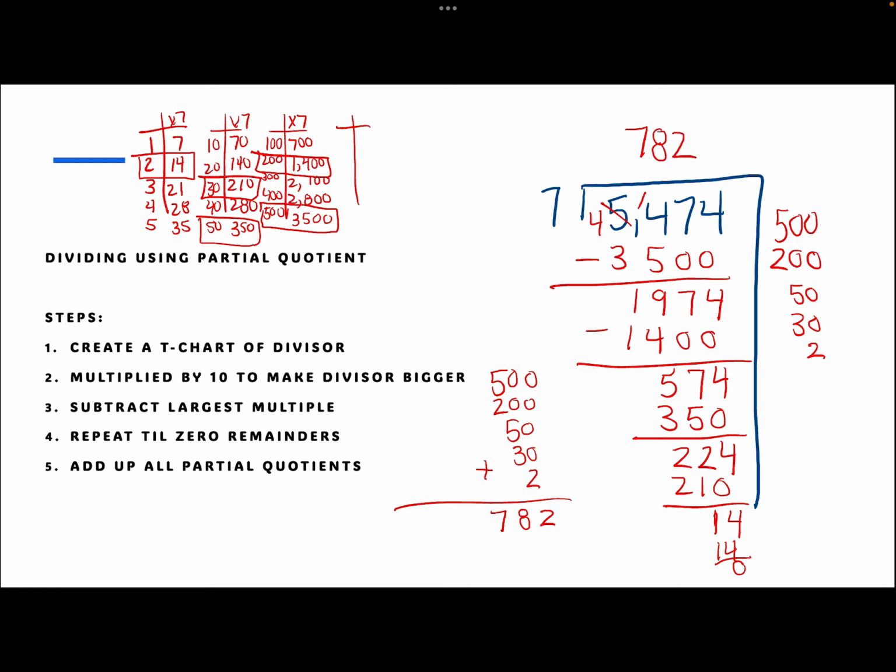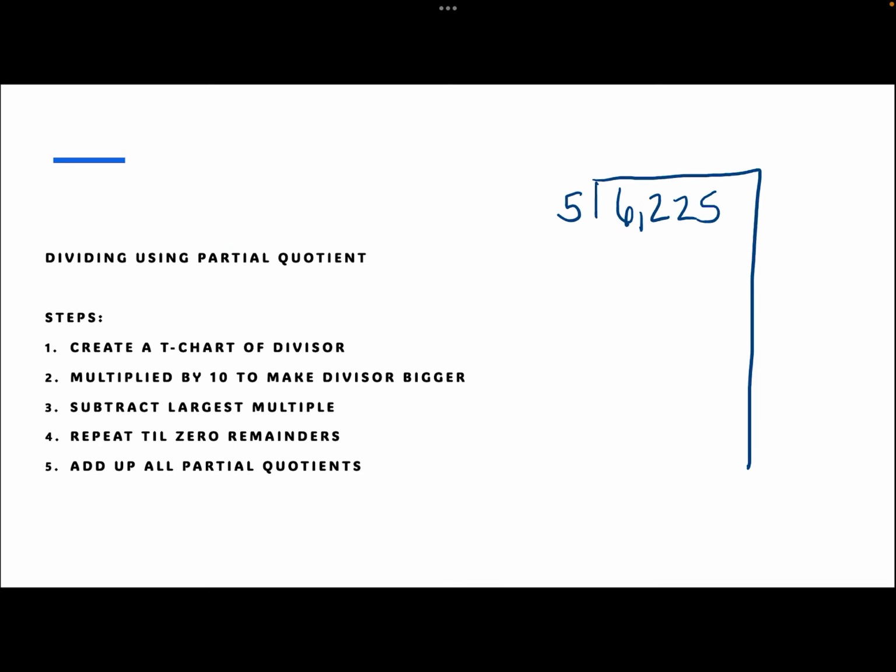Let's just try one more. First things first, my T-charts. And this time my divisor is 5. So I'm going to write the first facts for 5.